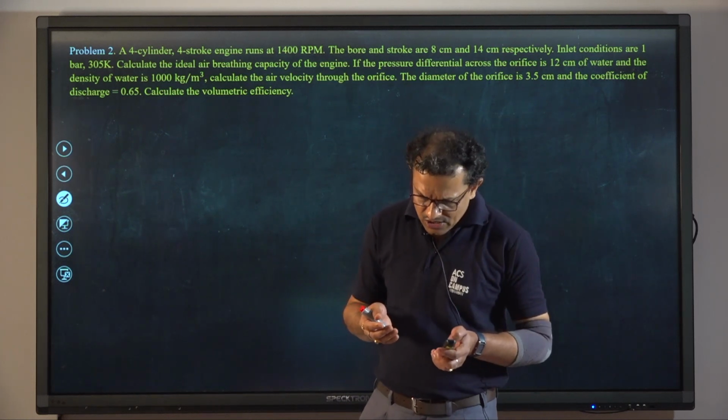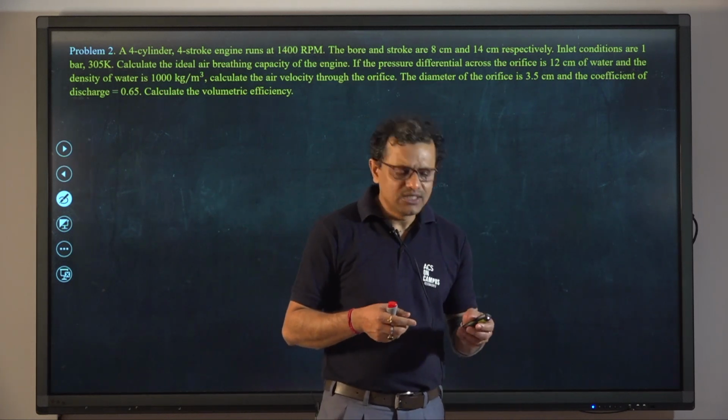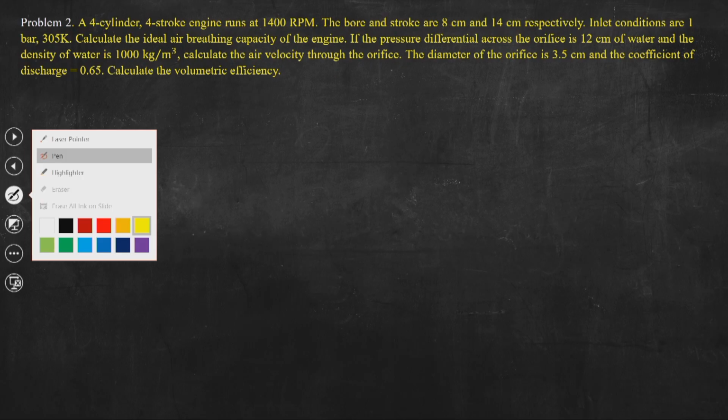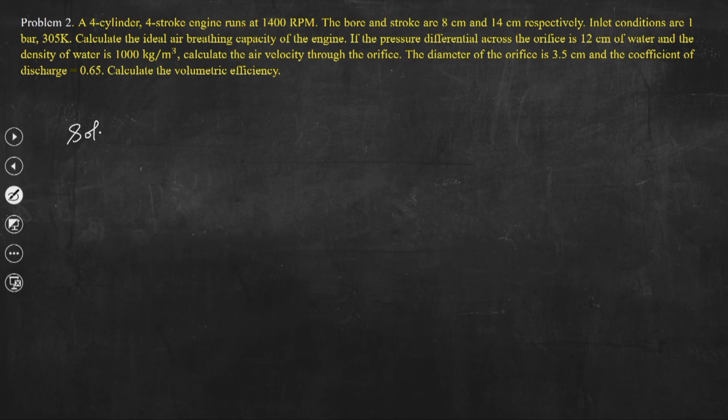Okay. So let us solve this problem, and it will help us understand the method in an even clearer way. You know that from the data given, we can calculate the total displacement volume, right.